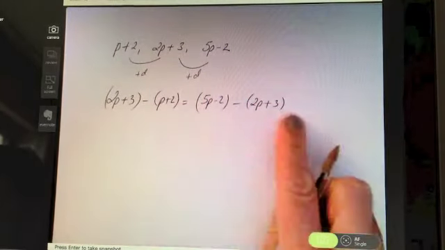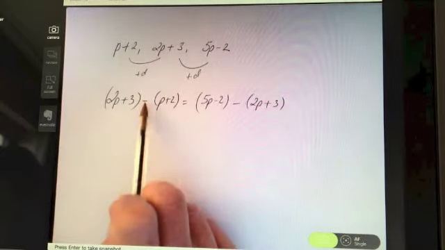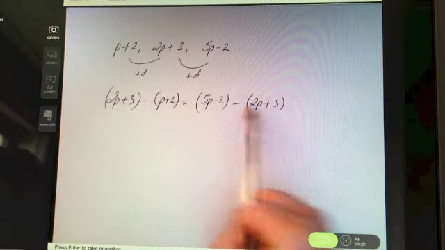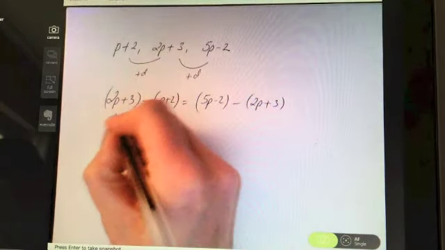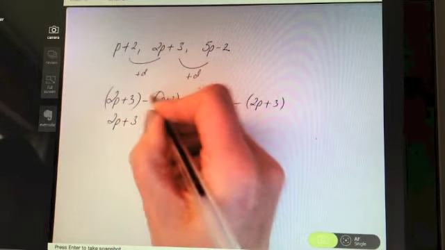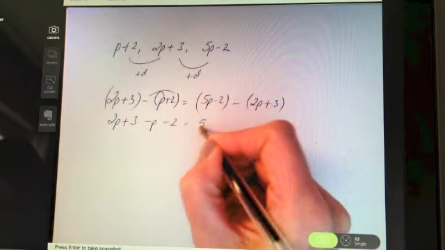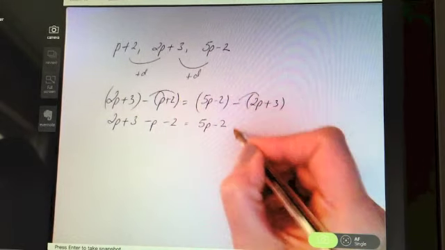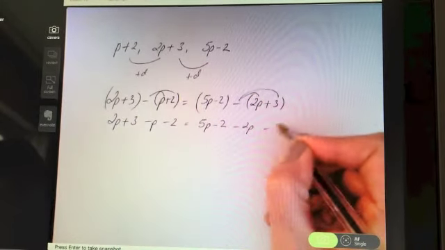Keep it in brackets first, because that minus is going to affect all the signs here and here, so be careful. So I'm left with 2p plus 3, then take away the p and take away the 2. And 5p minus 2, take away 2p and take away that 3.